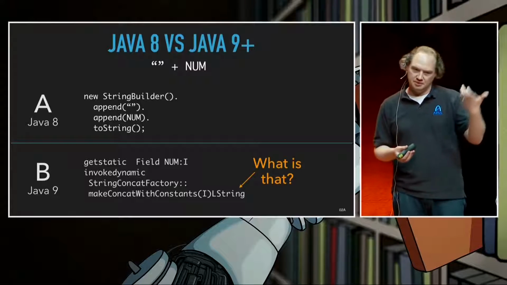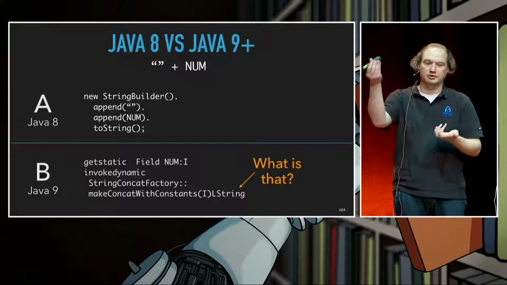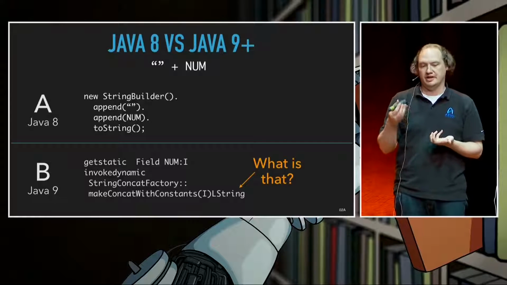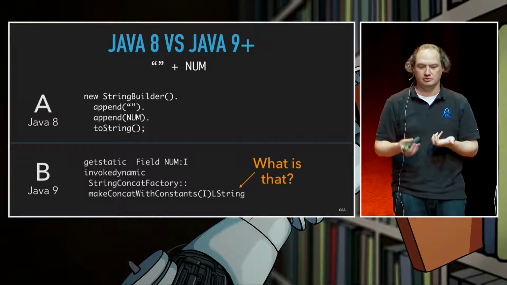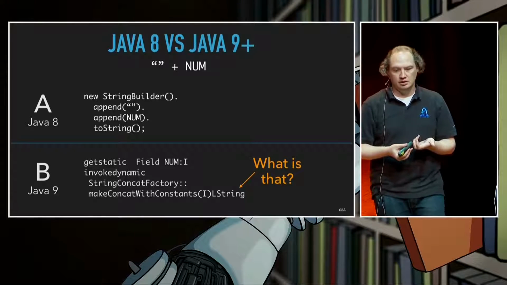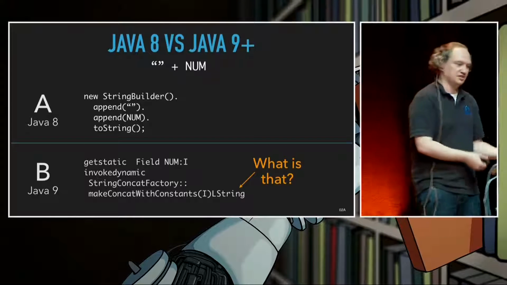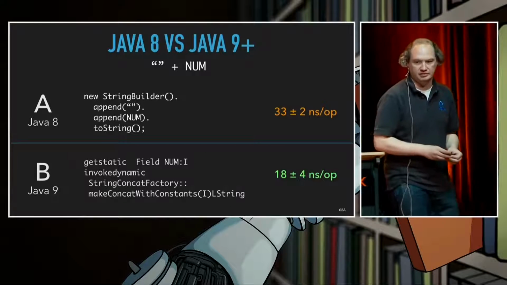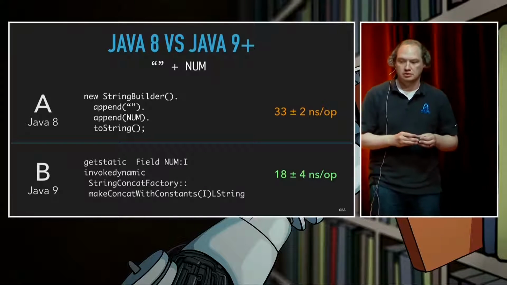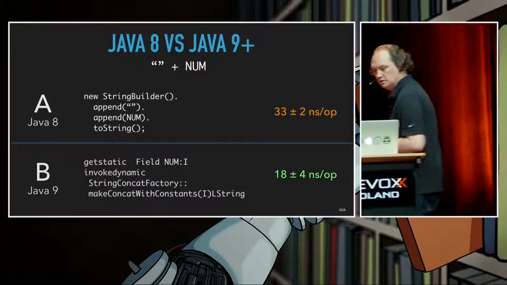So it actually bakes the empty string literal into the function, and the only variable coming into the function is our integer. That's the thing that actually varies from each execution. This is done for you in Java 9, if you recompile with javac. And it does actually make a significant difference. Now we're another factor of 2 faster.